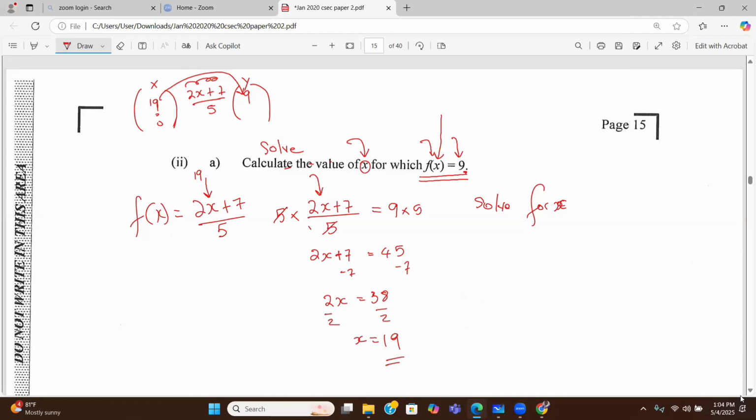Which one? Where you have the 2x plus 7 divided by 5 equal 9 times 5. From there, sir, I'm gone. I'm lost.